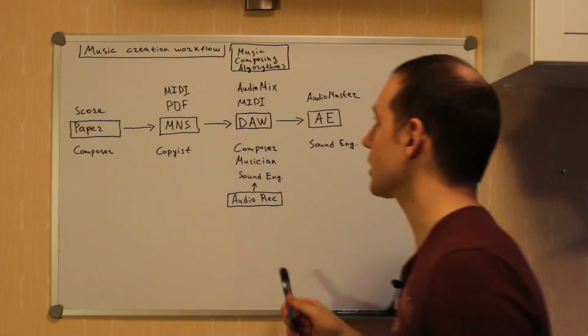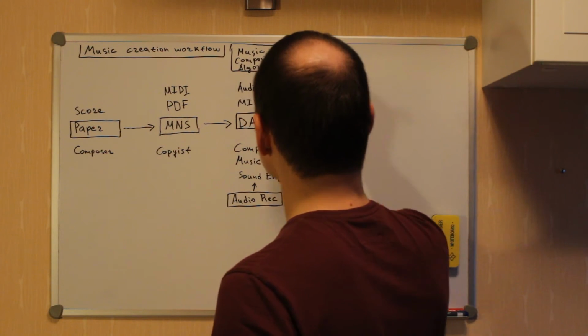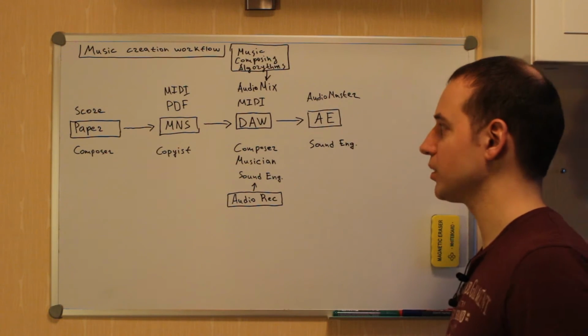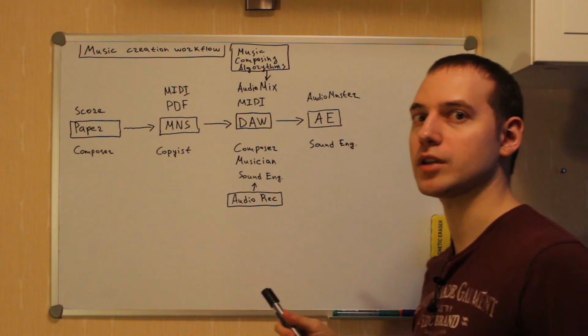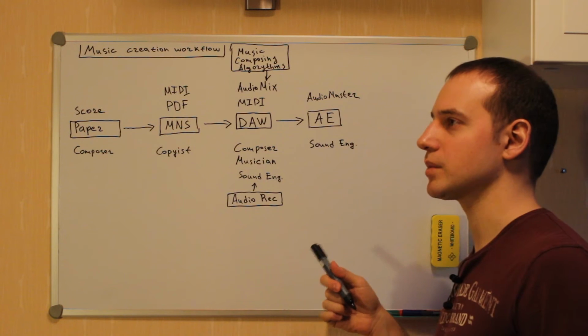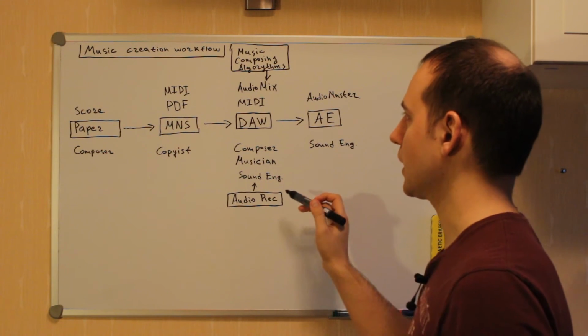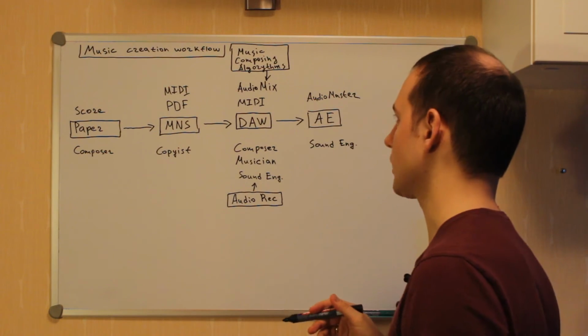So here will be music composing algorithms. And of course you can also just play the music into the digital audio workstation using, for example, a MIDI interface, MIDI keyboard, MIDI controllers, and then you will not need any of the other processes.